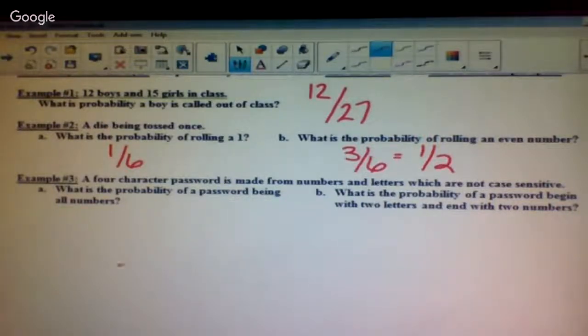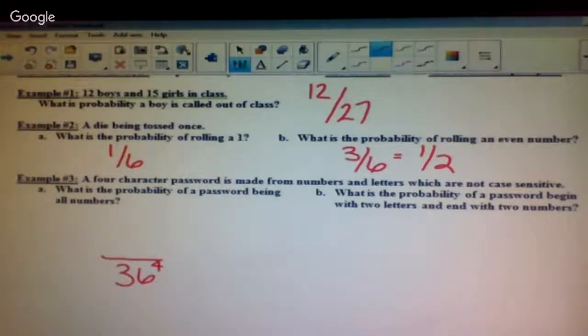So my bottom of my fraction is 36. How many spaces am I filling in with a letter or a number? 4. So my bottom number is 36 to the 4th. I haven't even gotten into what they want me to do yet. This is just my total amount that I have.